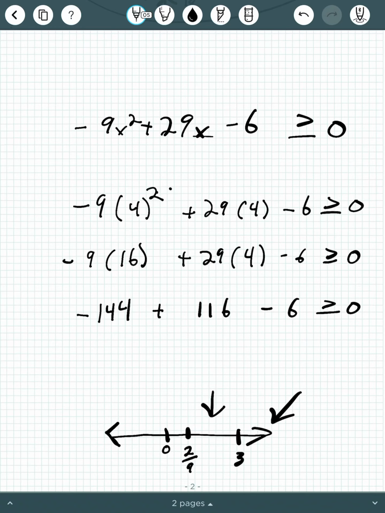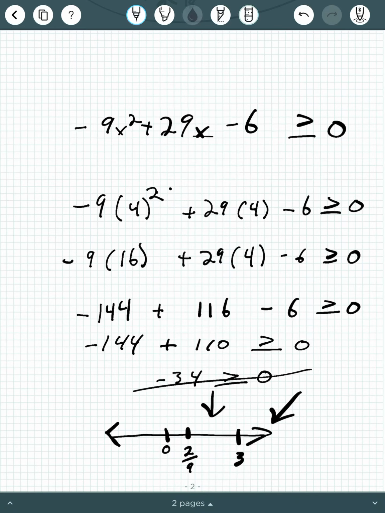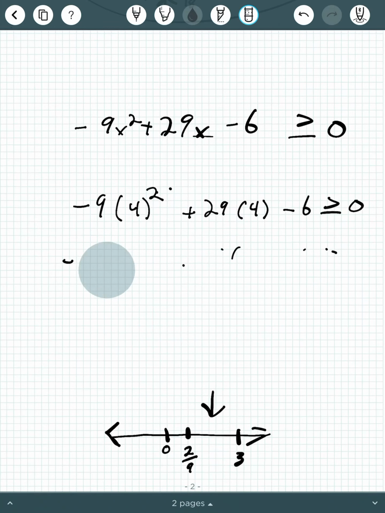So now, negative 144 plus, let's turn that into 110 by combining those to make the math a little easier. I can tell right away this is going to be a negative value, which won't be greater than or equal to 0. It's actually negative 34. Not true. So this won't be correct either.